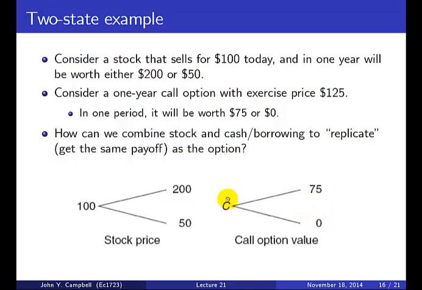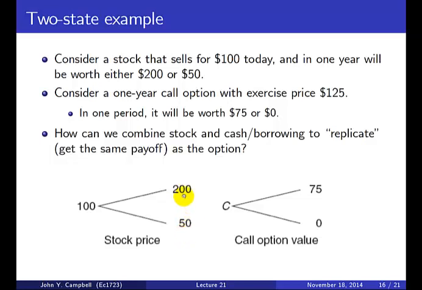Well, 75 is 1/2 of 150, which means that if you own 1/2 share of stock, you're going to get the same difference between the up state and the down state as you do for the call. Now, 1/2 share of stock, on the other hand, gives you 25 in the down state and 100 in the up state. So we need to shift that down by $25.